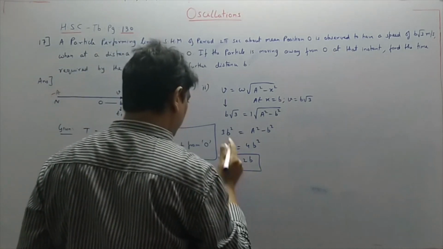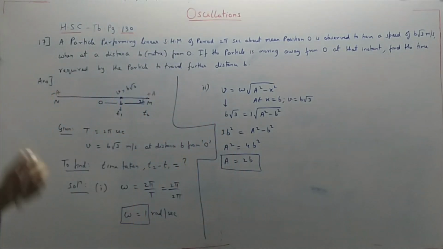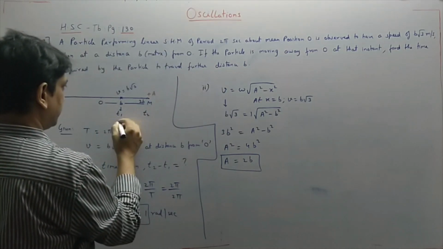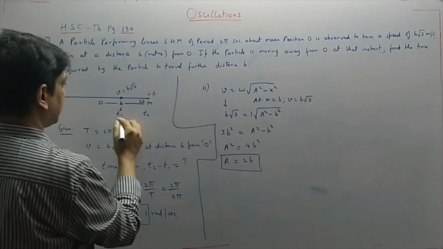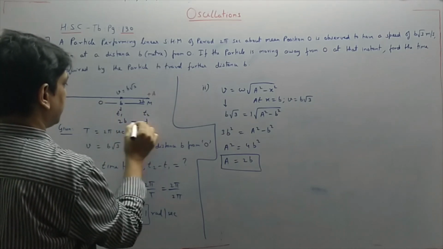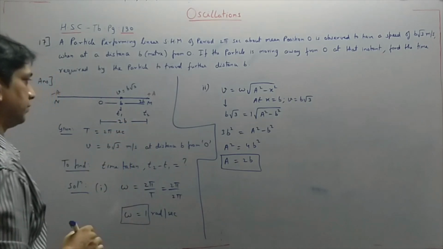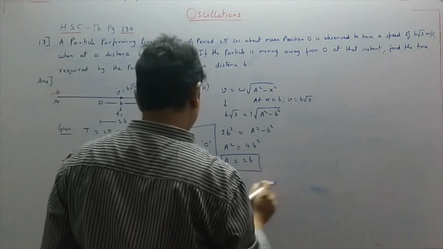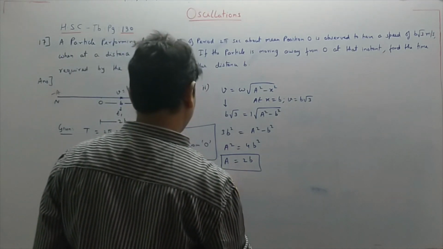The maximum displacement is the amplitude, so from here to here it is 2b. 2b is your amplitude, the maximum displacement. Okay, we got this amplitude. Now let us go further.